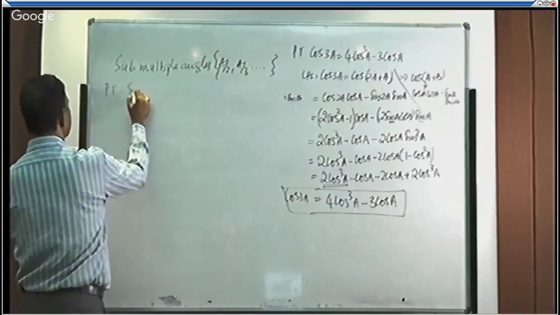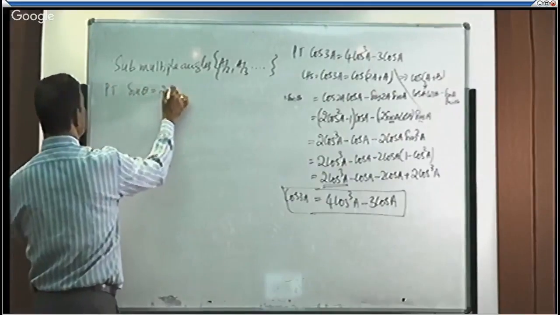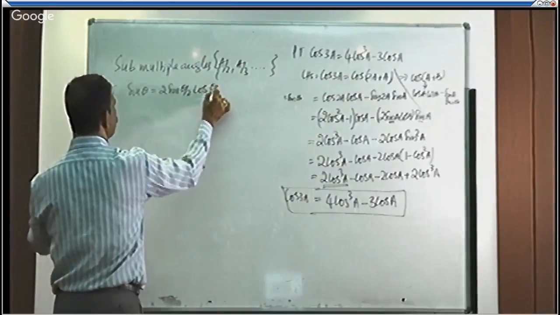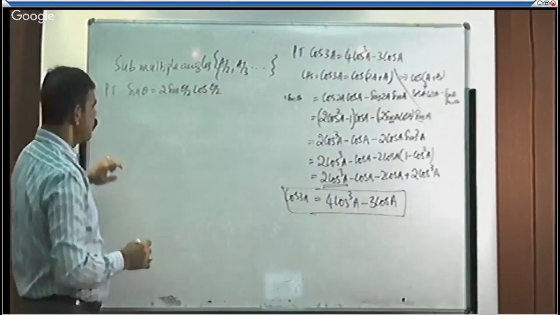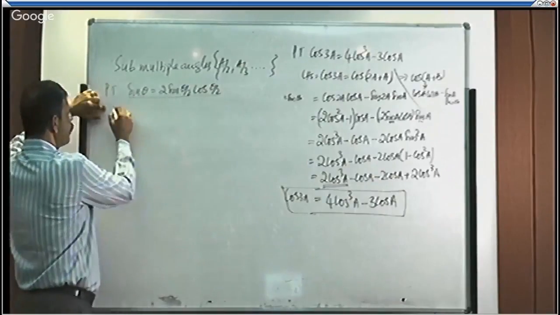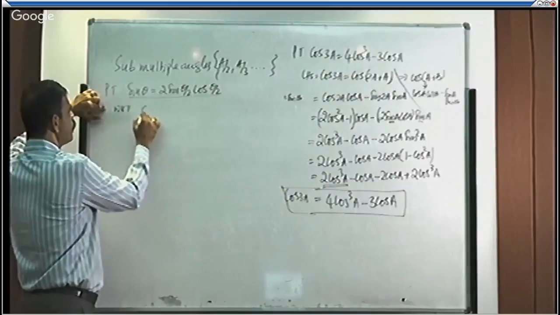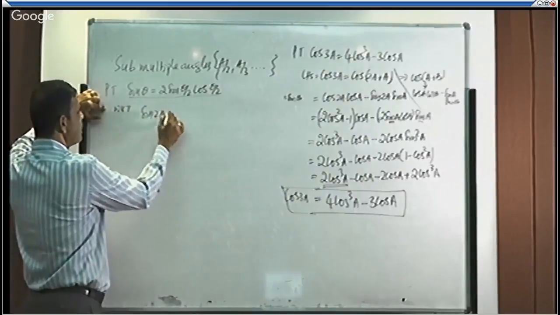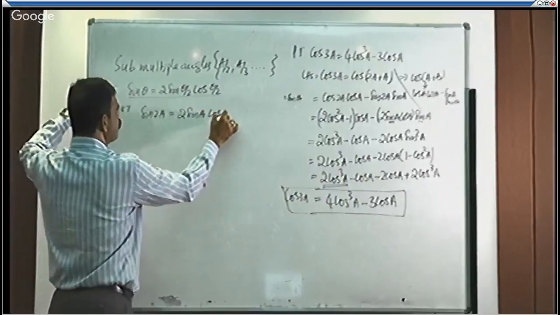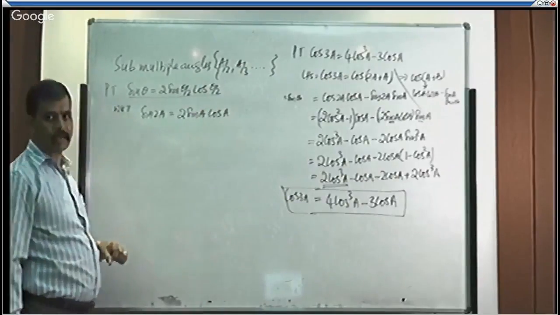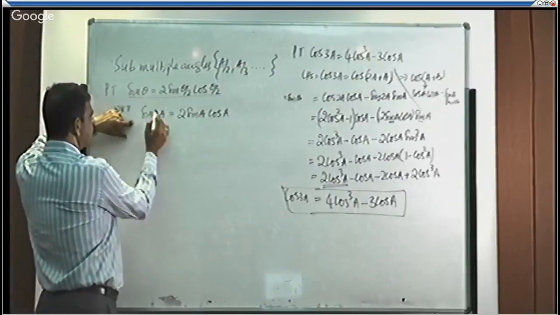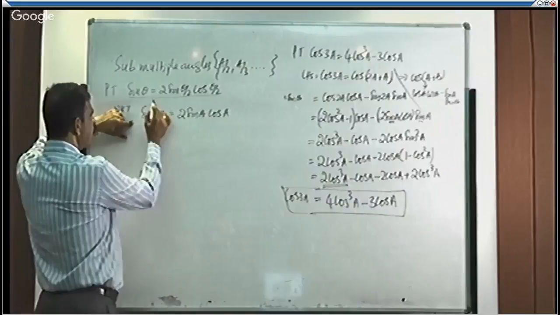Prove that sin theta is equal to 2 sin theta by 2 into cos theta by 2. To prove this relation, let us consider the sin 2a formula. What is sin 2a? It is 2 sin a cos a. What we need is sin theta, so can I change this 2a as theta?